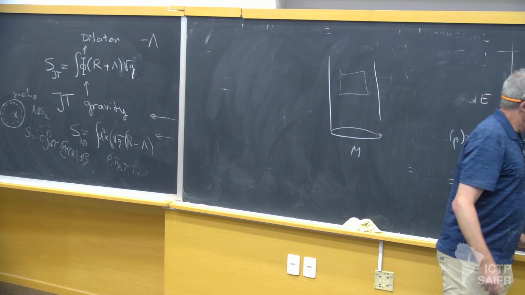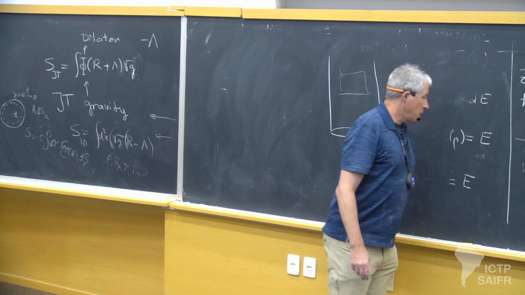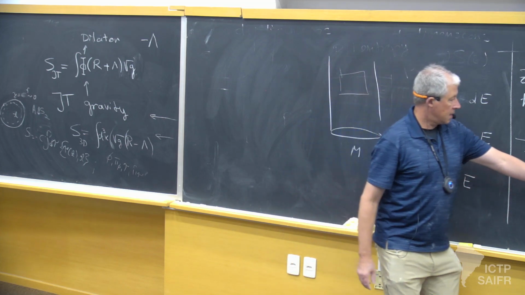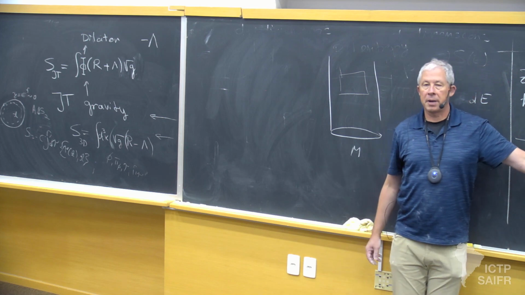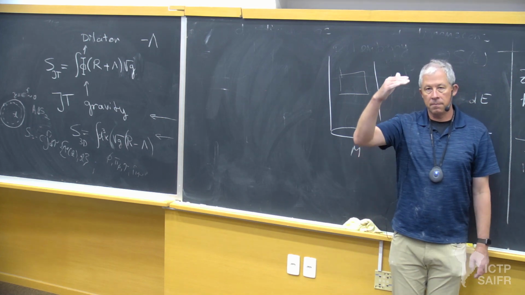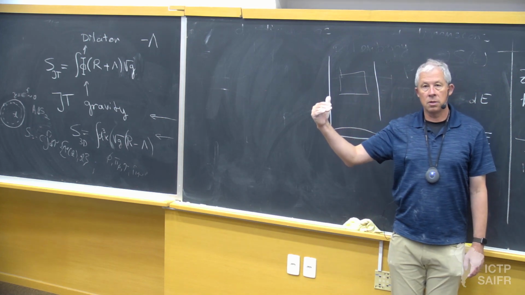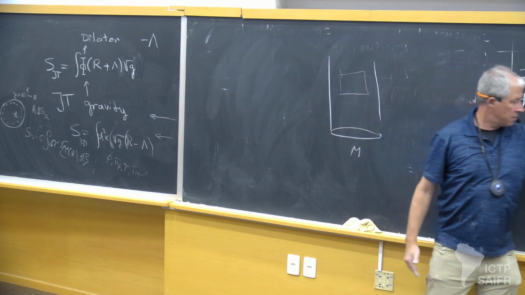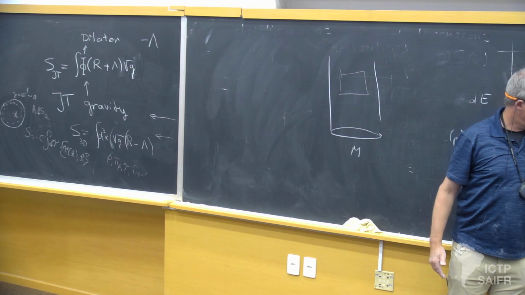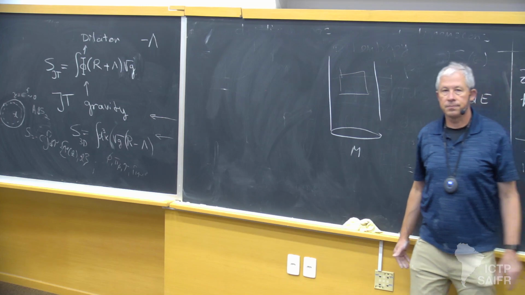What it means is that I should be looking for a Hamiltonian, perhaps, such that the eigenvalues of that Hamiltonian have a distribution that, as a function of energy, behaves this way: that e to the S of E, or rho of E, is the sinh.